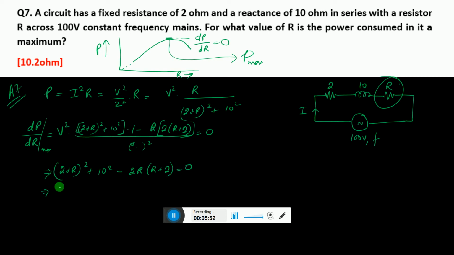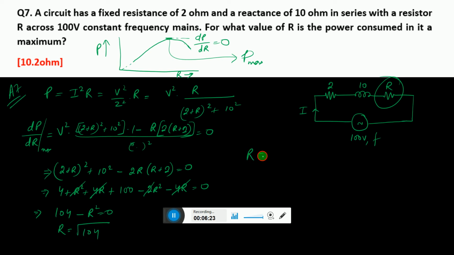Let us solve it. This will cancel out. This implies R is equal to root over of 104.